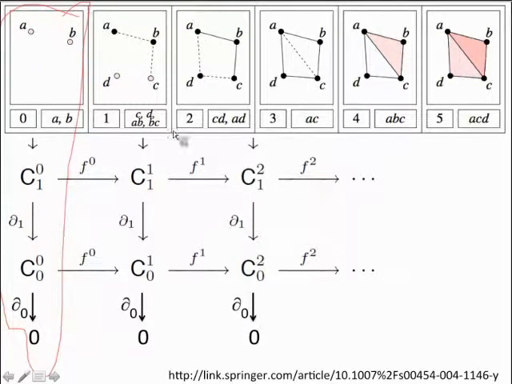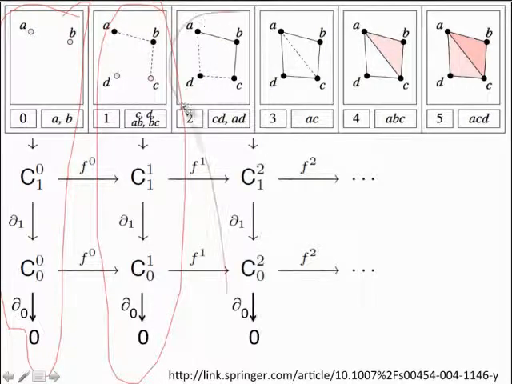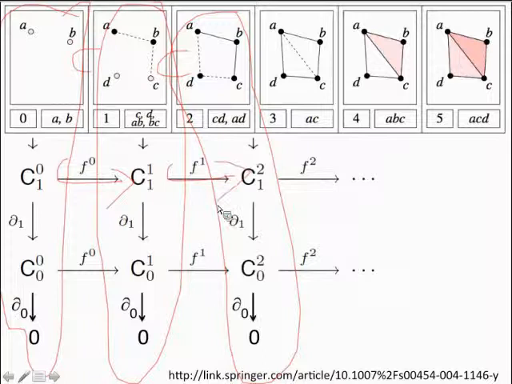I can also talk about my homology at time 1. I can also talk about my homology at time 2, etc. So they just depend upon the different complexes, but each of these complexes are embedded. So we have this inclusion map where at time 0 we include into time 1. At time 1 we include into time 2.